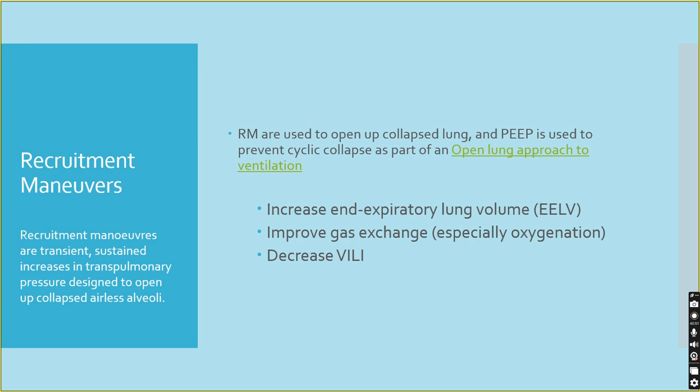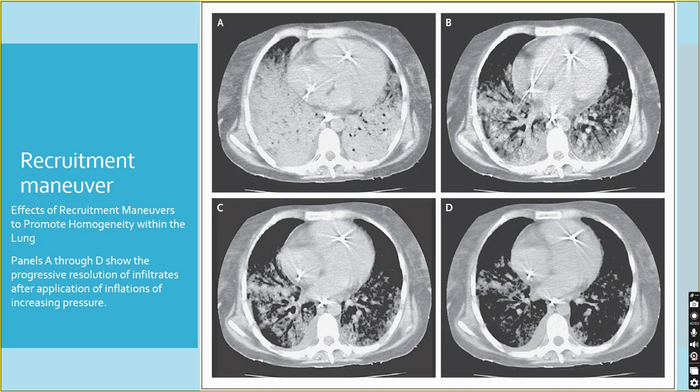Next slide. So if we do a recruitment maneuver, see lung A is 100%, almost 80 to 90% of the lung is collapsed and white. If you increase the pressure, some part of the lung improves. If you see gradually, in the last section D, most of the lung is open.